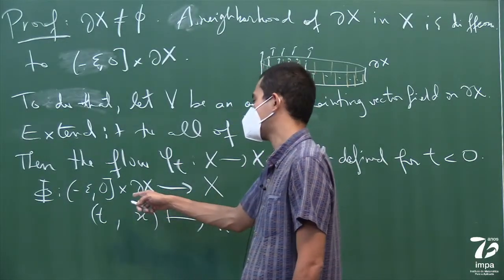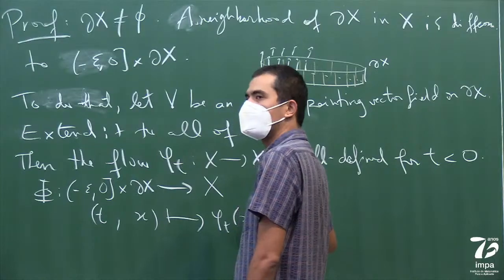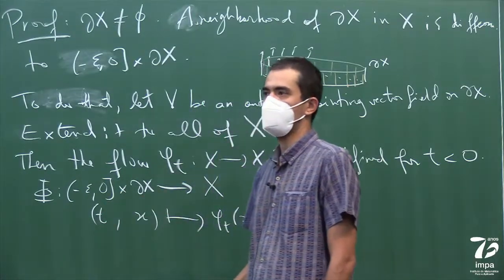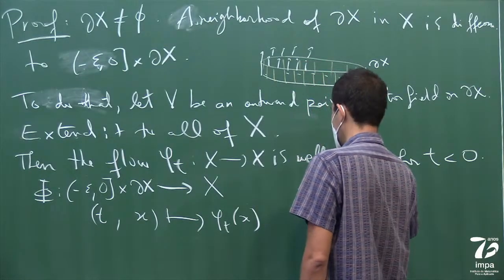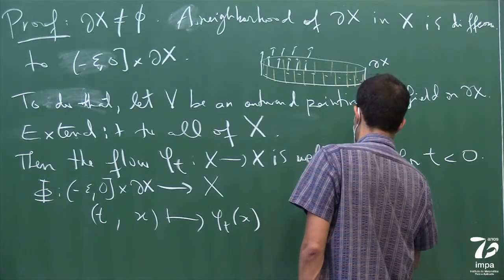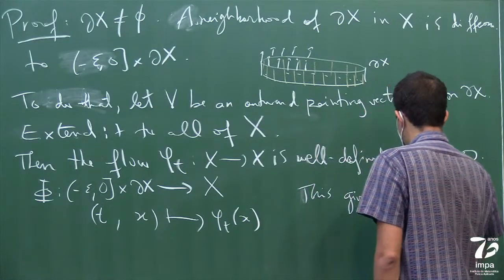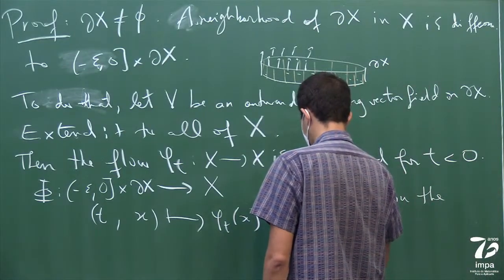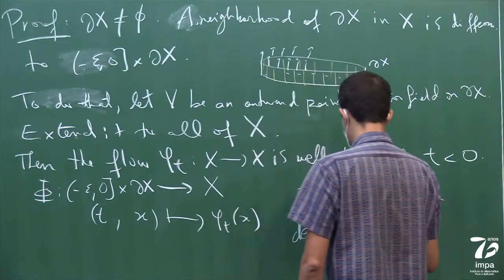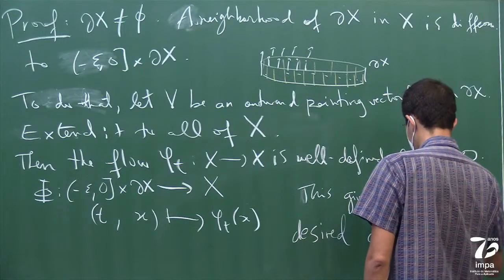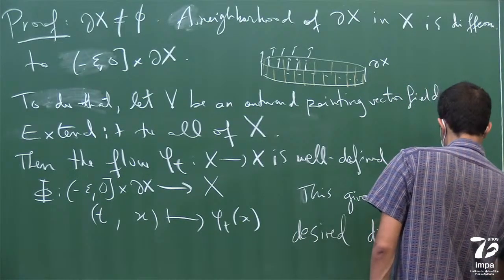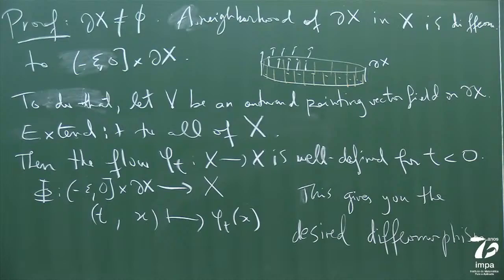That just means that when you look at the image, you can flow it back and get back to the original point. So this gives you the desired diffeomorphism.